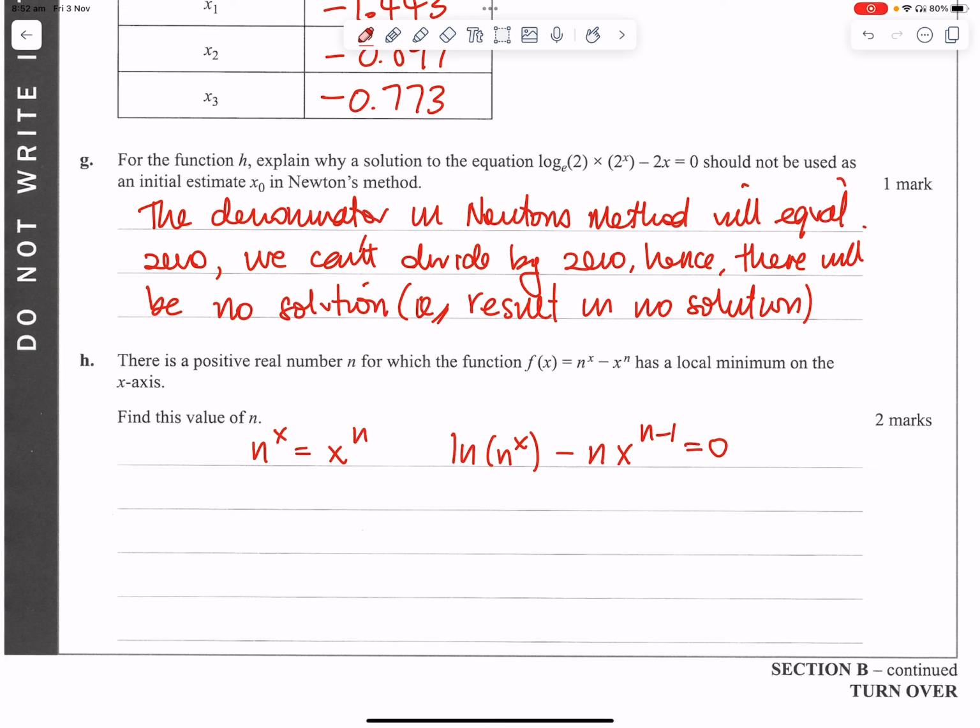That also has to equal 0. Okay, we can't even take out anything there. X to the n.